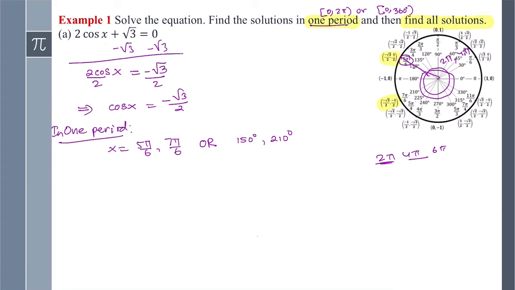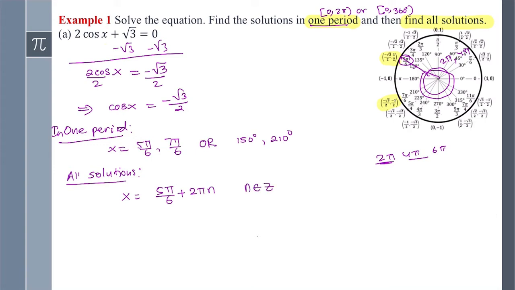So in general, for all solutions, we can write x equals 5 pi over 6 plus 2 pi times n, where n is an integer.